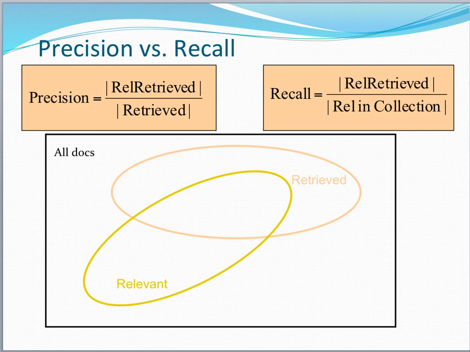The problem here, and this is something that we have to understand with precision and with recall, is that there may be other documents that are relevant but are not retrieved.